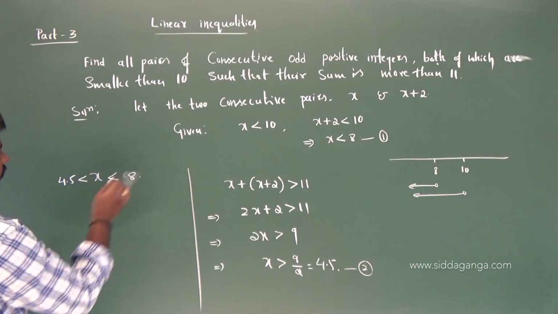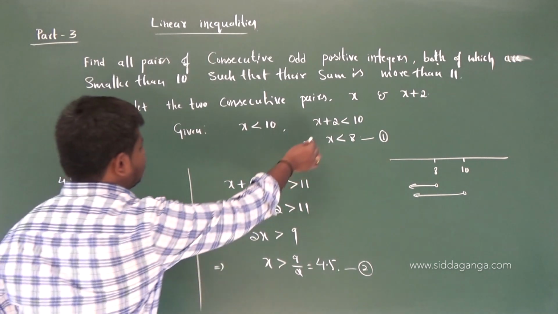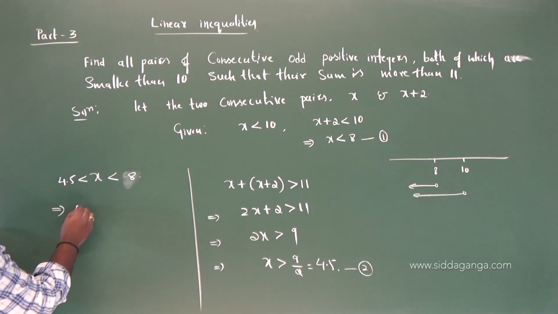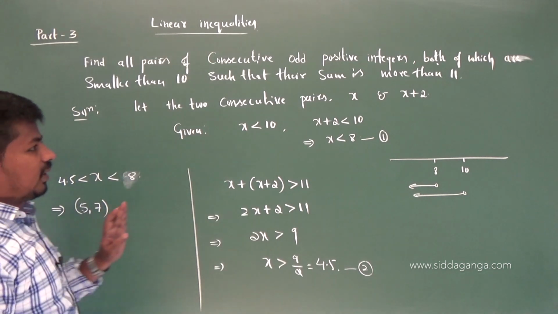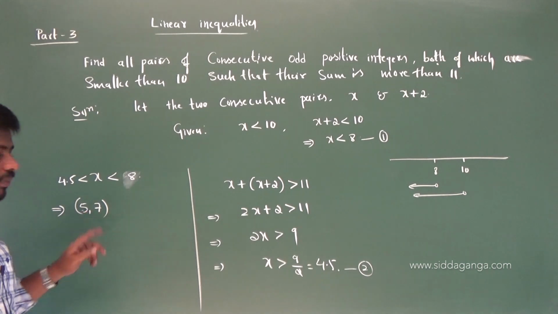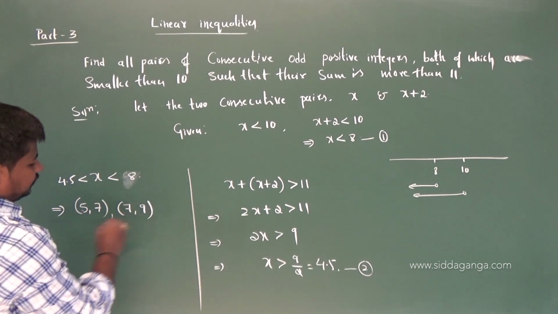Now you take the values in between these two, such that they must be positive integers and successive odd integers, with sum more than 11. More than 4.5 means I can take 5, the pair becomes 7, and the sum is 5 plus 7, which is 12, more than 11. One more pair is 7 and 9.